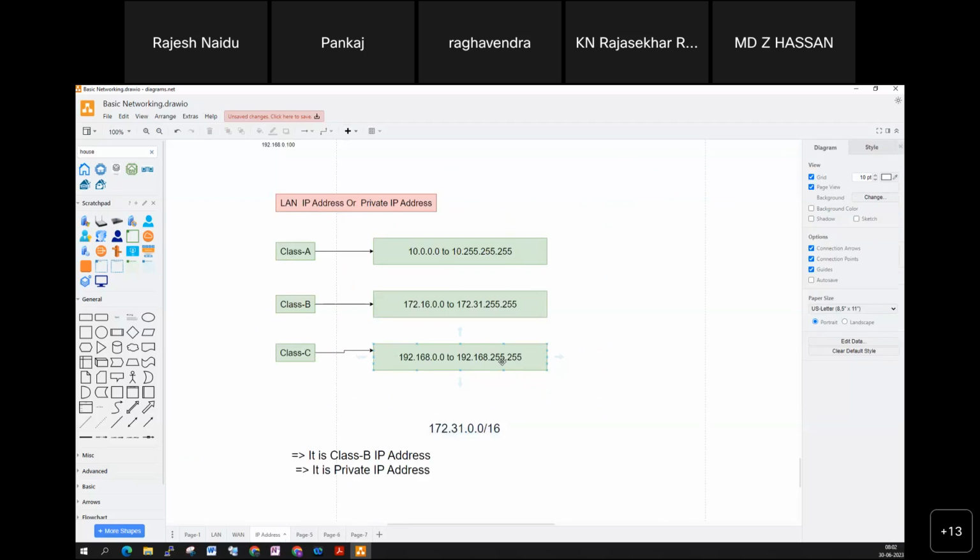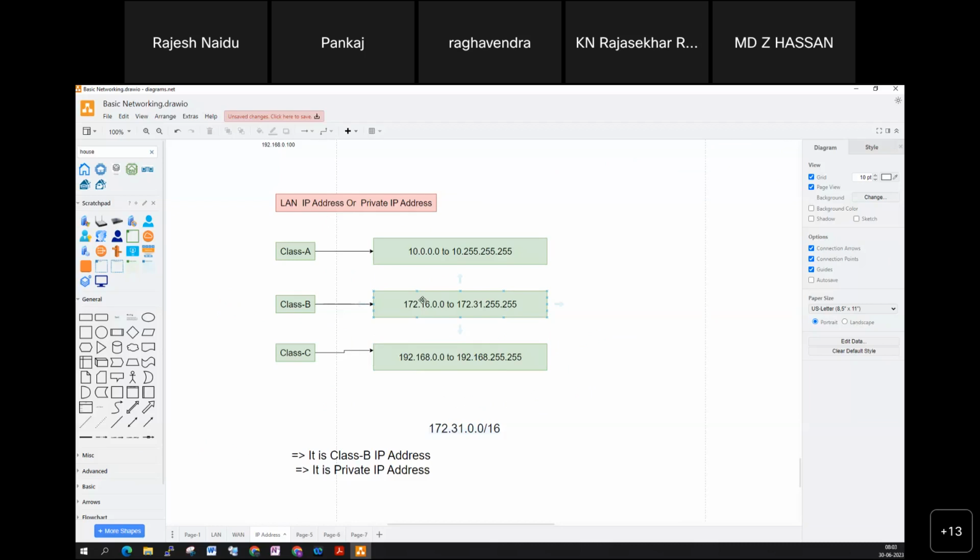In Hyderabad, different locations are there, like Kukatpally, High Tech City, Madhapur, Lingampally. Let's take an example.